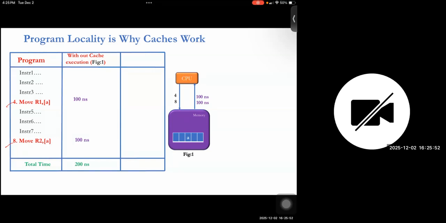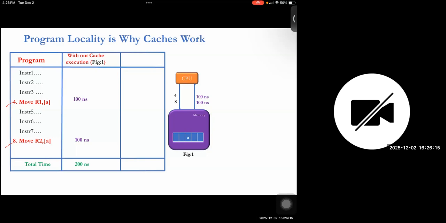Then, after designing the caches and placing the cache memory, or the memory hierarchy, like L1 cache, L2 cache, L3 cache, where L1 and L2 are on the chip and L3 surrounds the core, how does it make a difference?